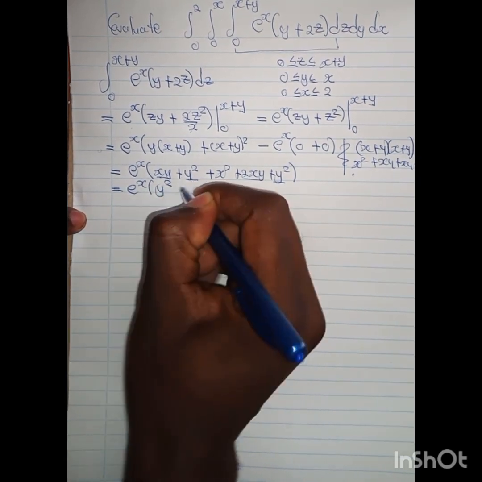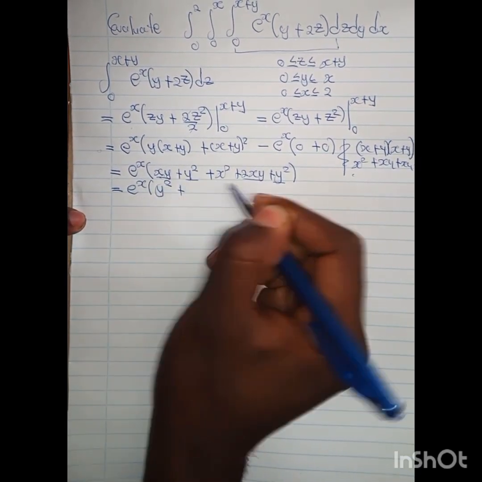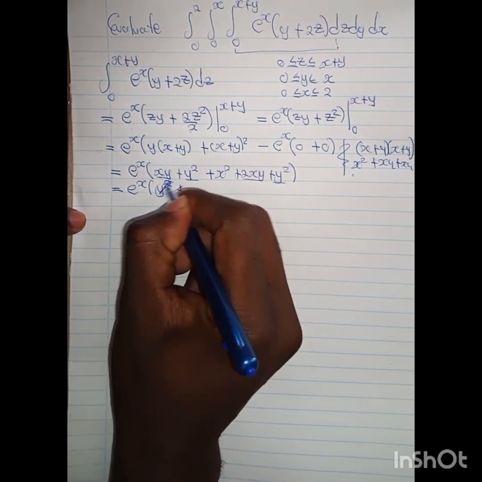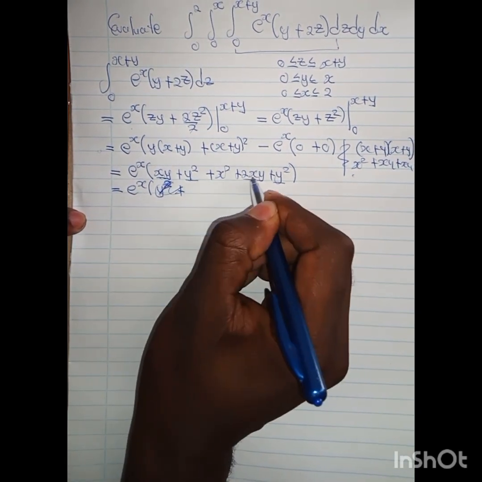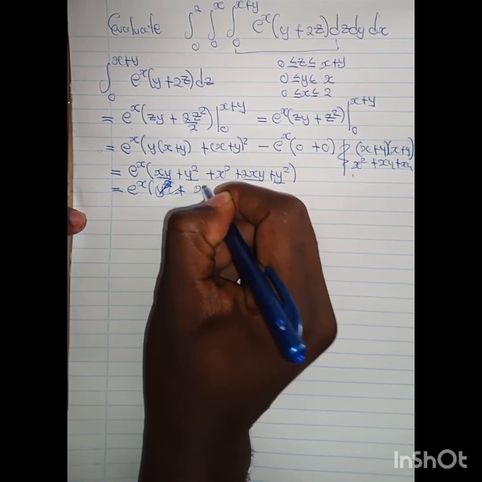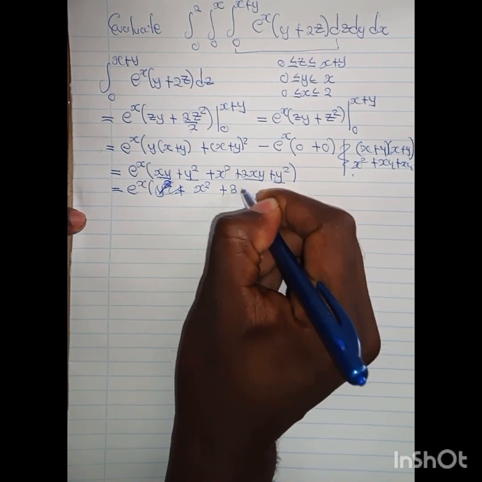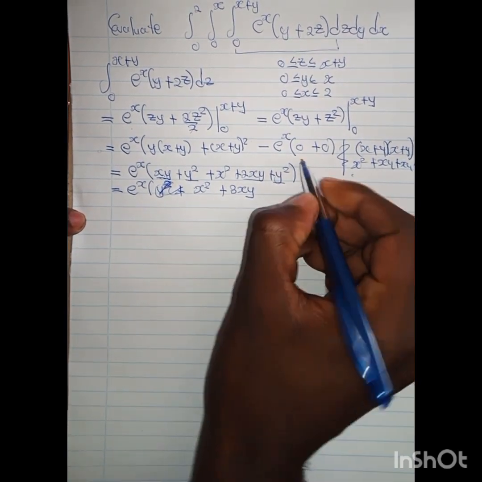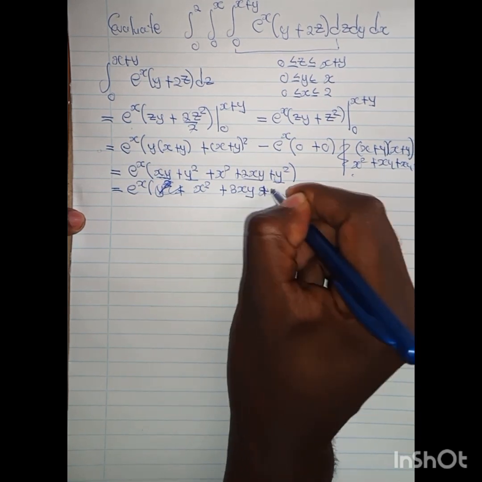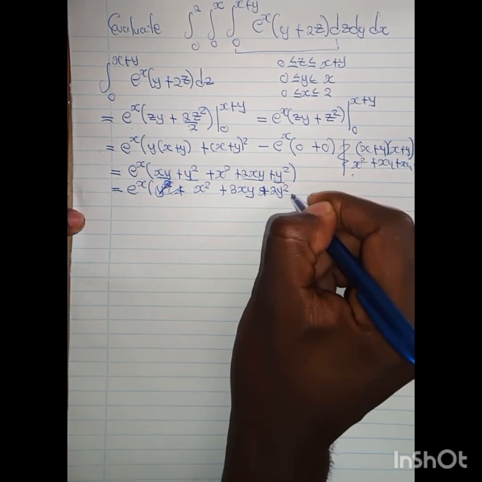We can add the like terms which we have. Xy plus xy plus 2xy gives us 3xy. So I will write x squared plus 3xy. Y squared plus y squared gives me plus 2y squared.